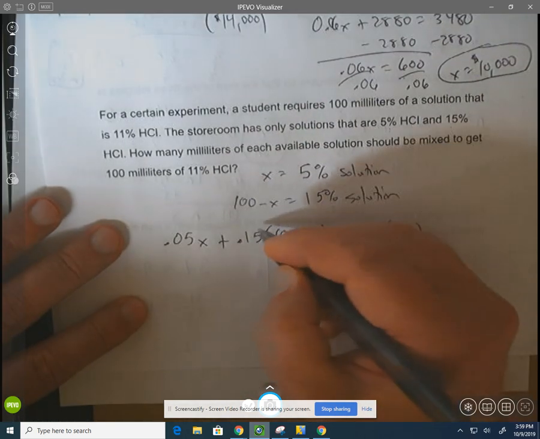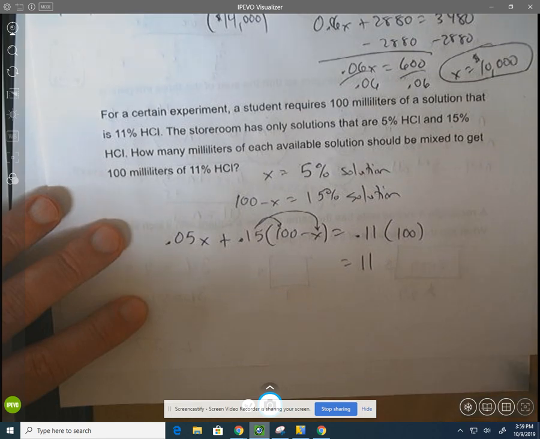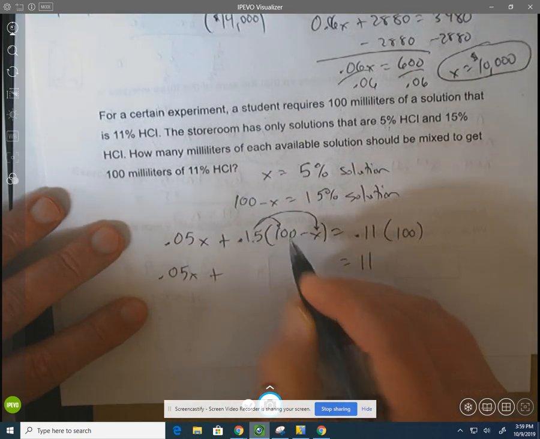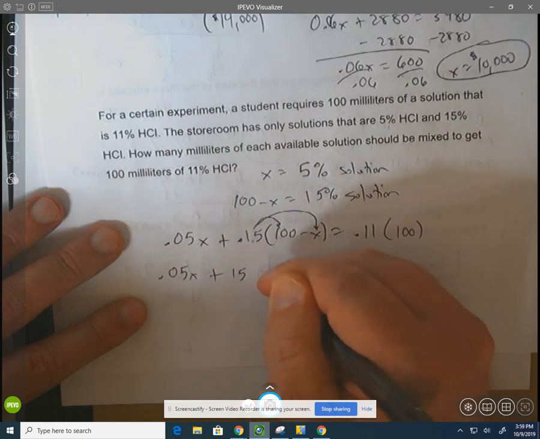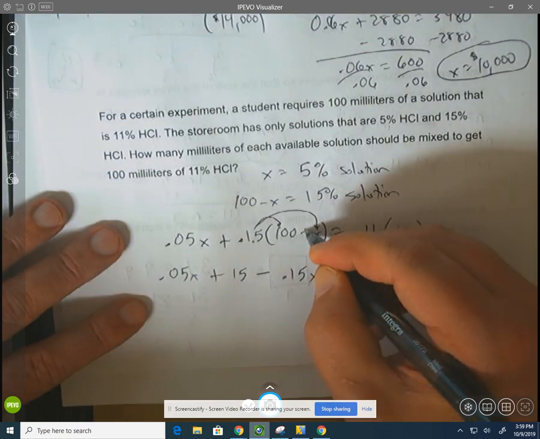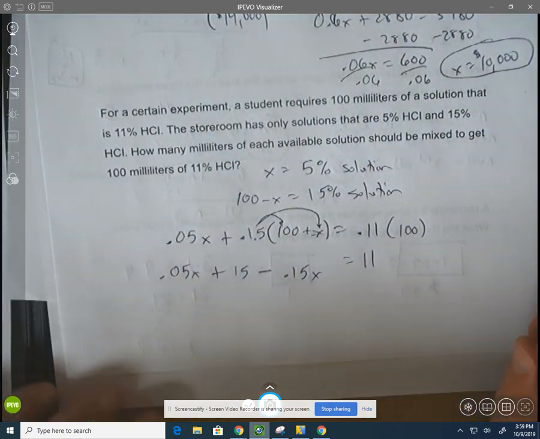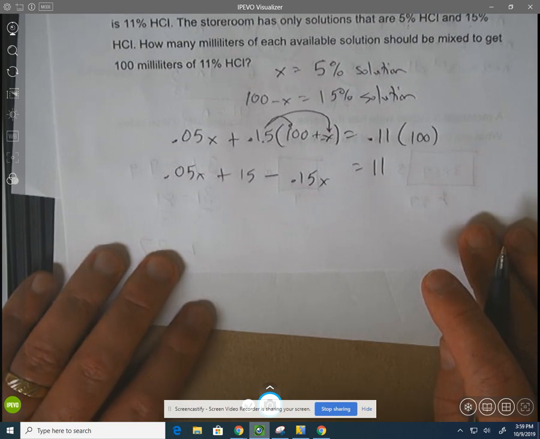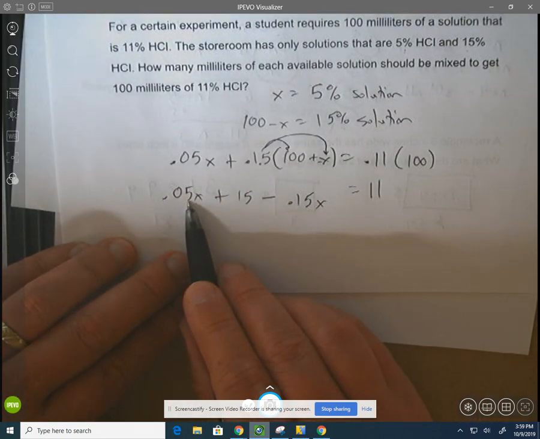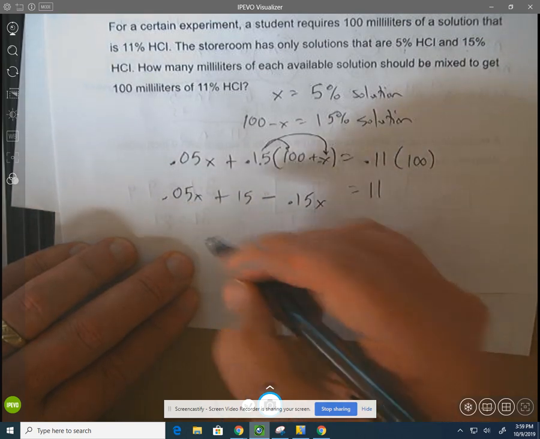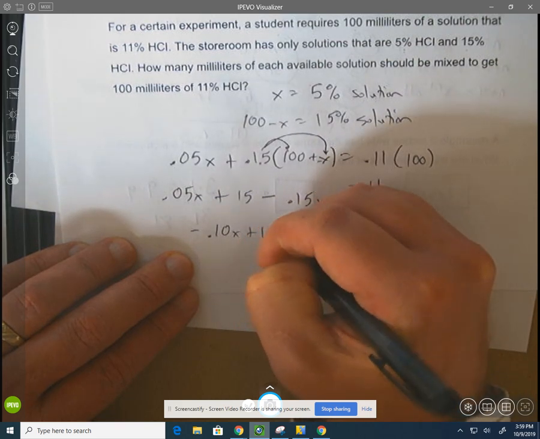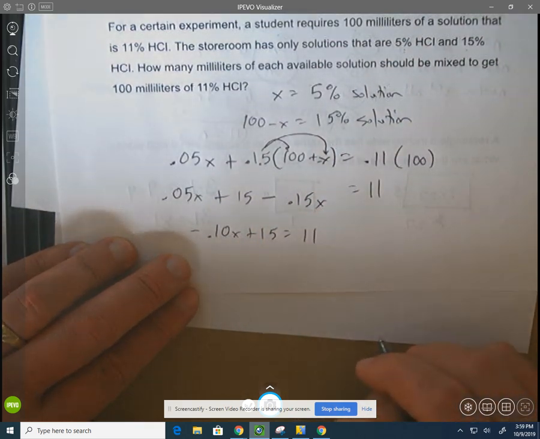All right, looks like I've got some distributive property to do over here, so I've still got the 5/100 X plus 15/100 times 100 is 15 minus 15/100 times that X there, if we look at that as subtraction. I've got like terms. 5/100 minus 15/100 is negative 1/10 X plus 15 equals 11.